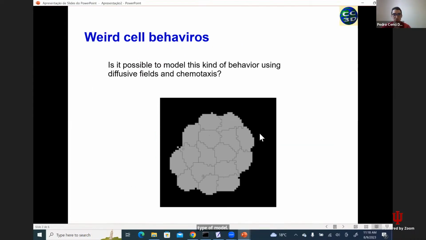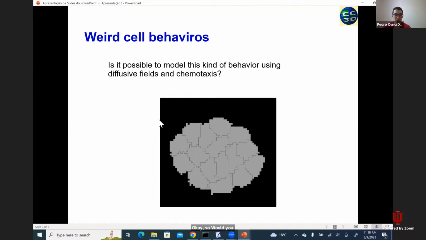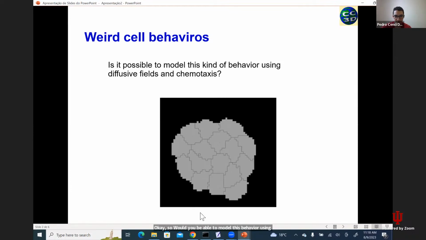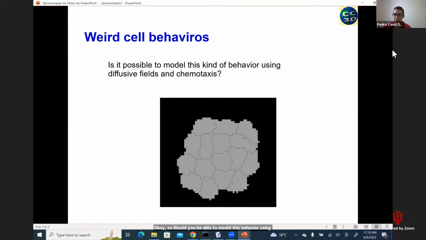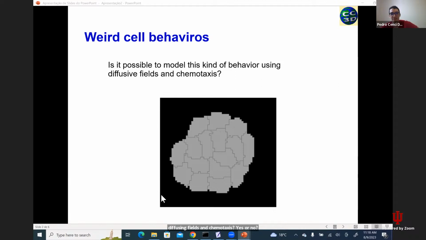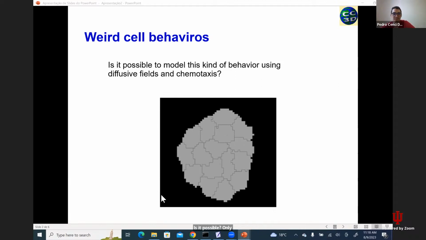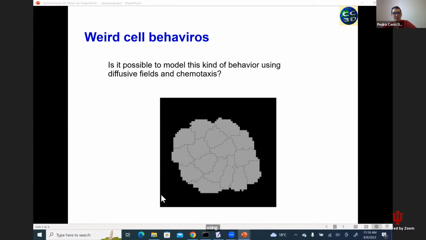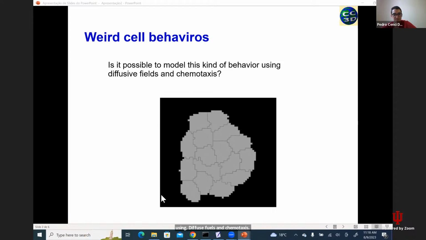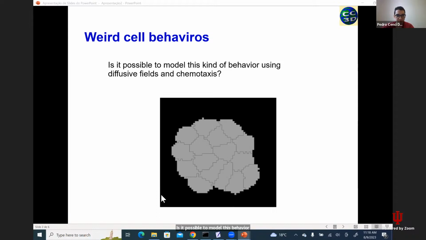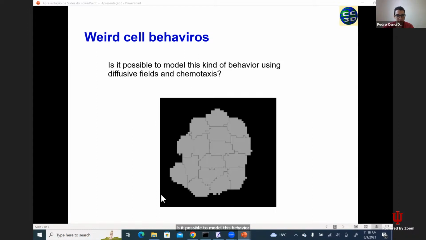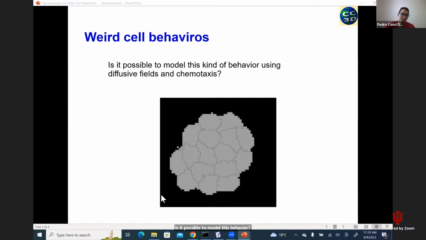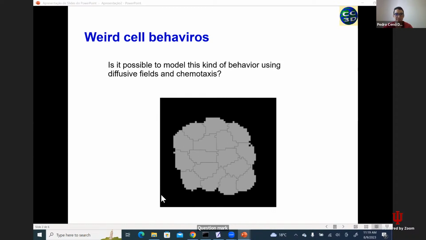Would you be able to model this behavior using diffusive fields and chemotaxis? Yes or no? Is it possible, only using diffusive fields and chemotaxis, to model this behavior? Why not, Julio?